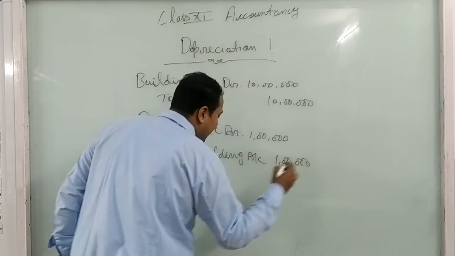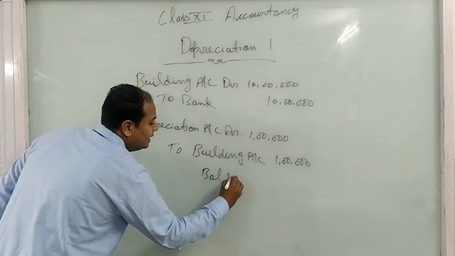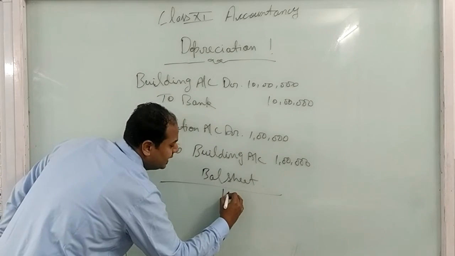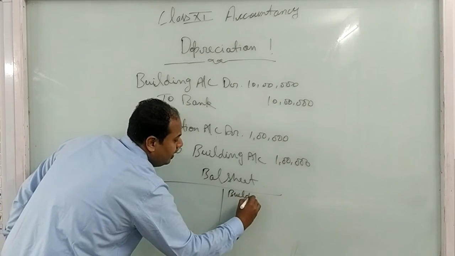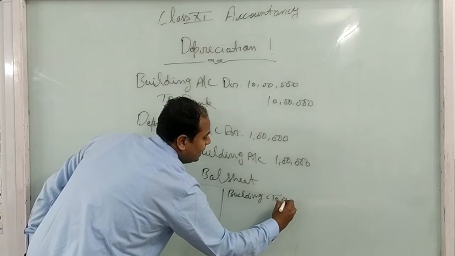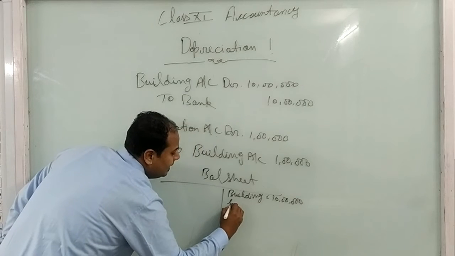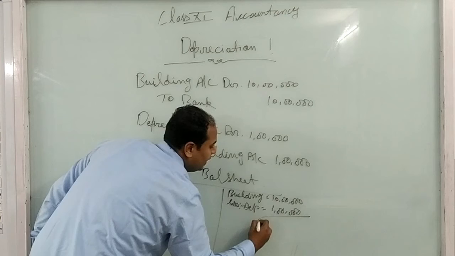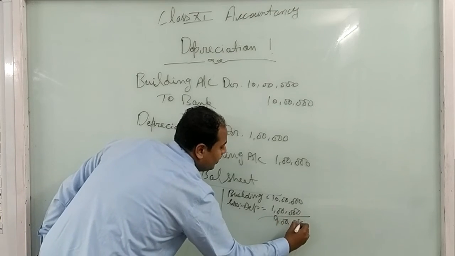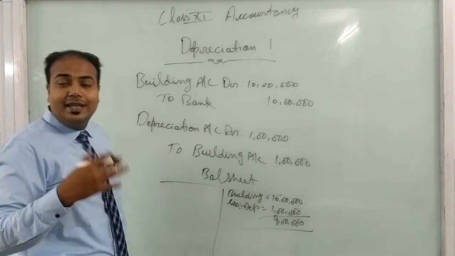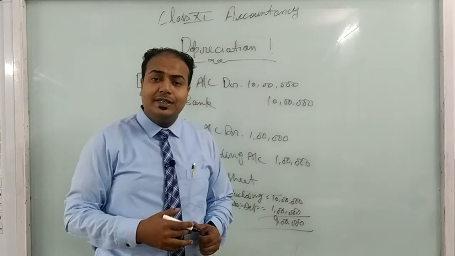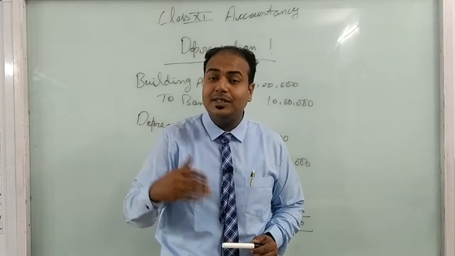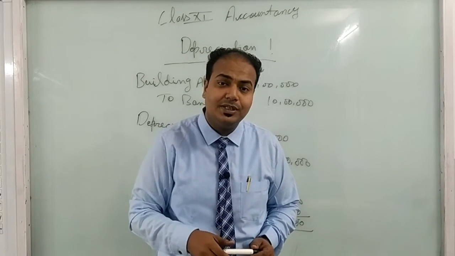And if you talk about the balance sheet part, balance sheet where this asset is going to be recorded, there every year its value will keep decreasing. बिल्डिंग was for rupees 10 lakh, उसमें से आपने अभी डेप्रीसिएशन अपना लेस करा for rupees 1 lakh, and now the value of this building will be rupees 9 lakh only in the balance sheet. In this manner your value of asset will get reduced on year basis due to its usage. हम asset को use करते हैं तो उसकी value जो है वो कम होती जाती है.